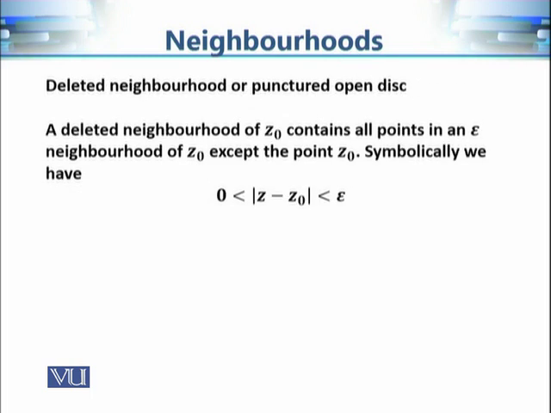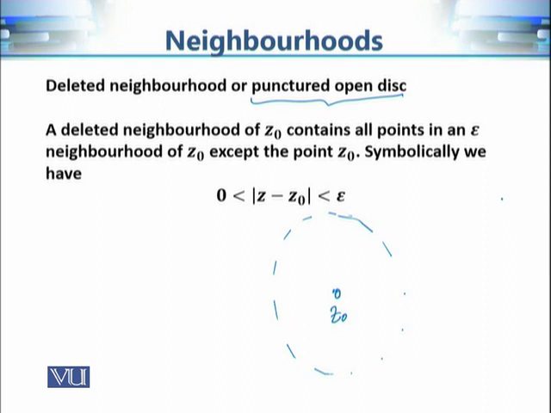Our next definition is about a deleted neighborhood or punctured open disk. As we can observe from the name, it is a disk, but it is punctured. In other words, if I have an open disk and I puncture it, if I exclude this point z0 from this disk, then it becomes punctured.